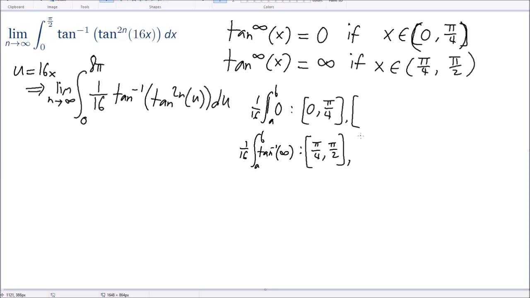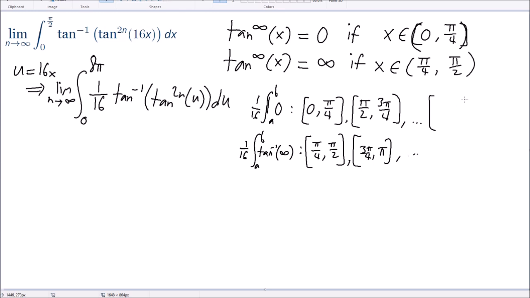And then we technically keep going. Then pi over 2 to 3 pi over 4. And then here at 3 pi over 4 to pi. And then we keep going and going and going.